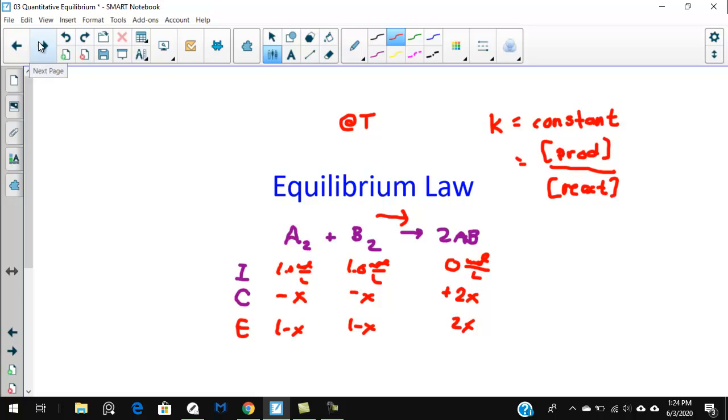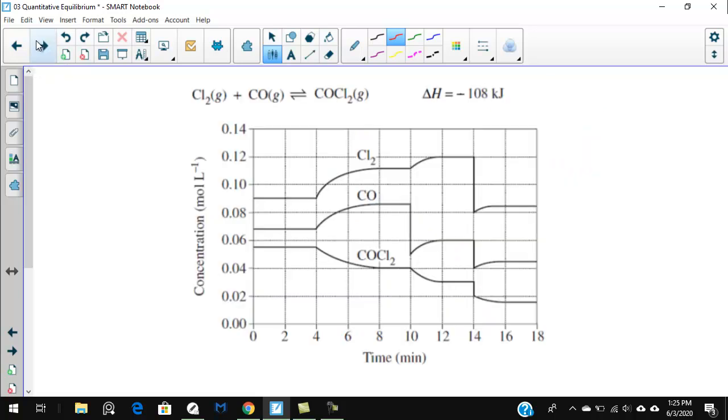Okay? Now let me just go over a couple of other things about reactions so that you have an understanding of what K means. In this reaction, chlorine gas, so that's this one here, and CO gas, carbon monoxide, and something called phosgene, which is a toxic gas that was used in the world wars, and it is COCl2.